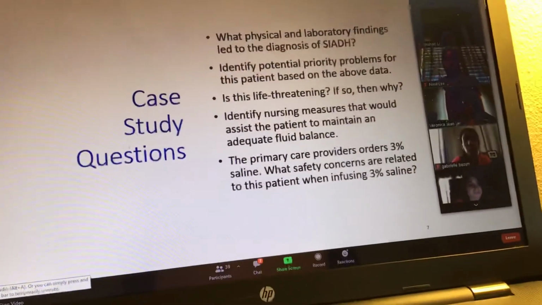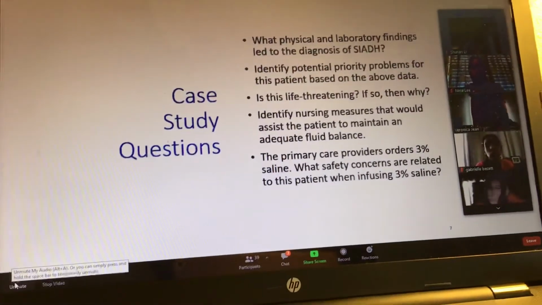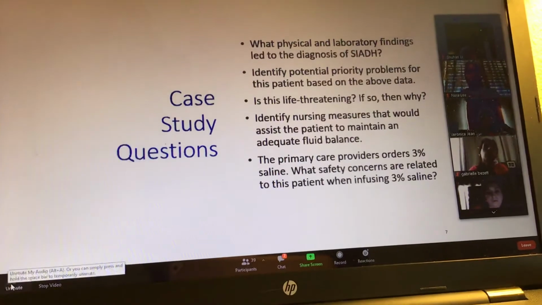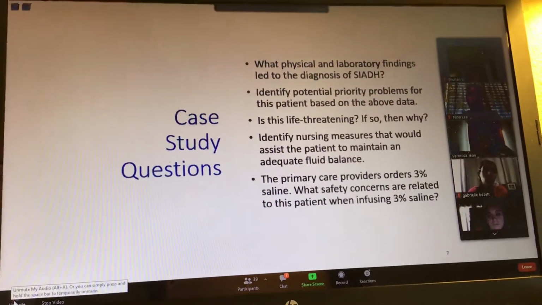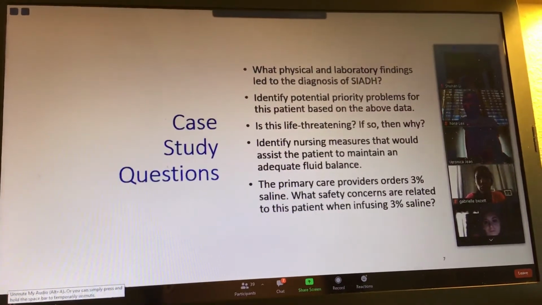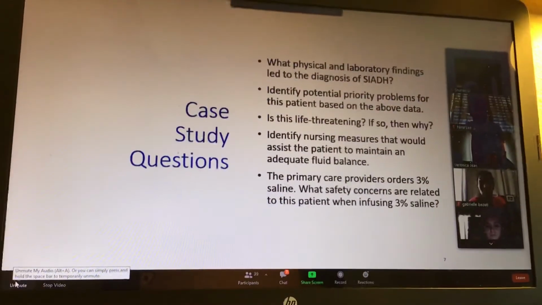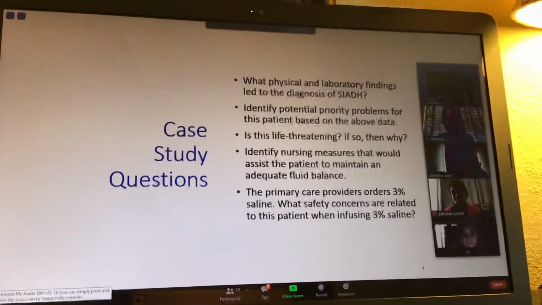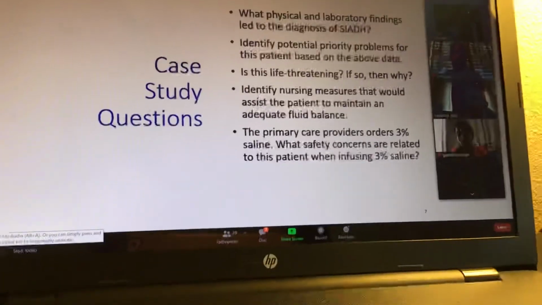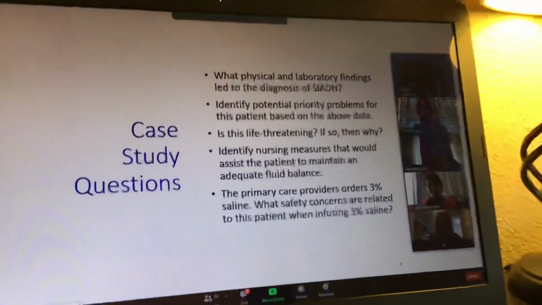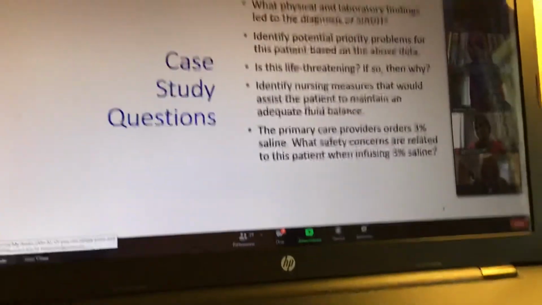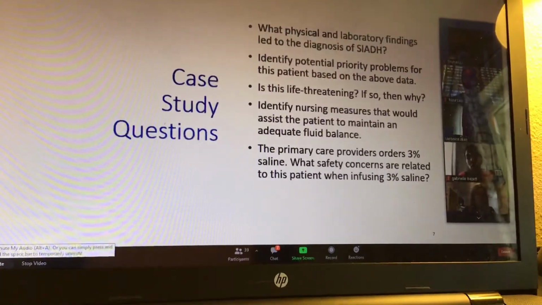Now, this patient is going to have 3% saline. What are some of the safety concerns when infusing 3% saline? Aren't we watching sodium? Most definitely. They would check their sodium every 6 hours. Okay?